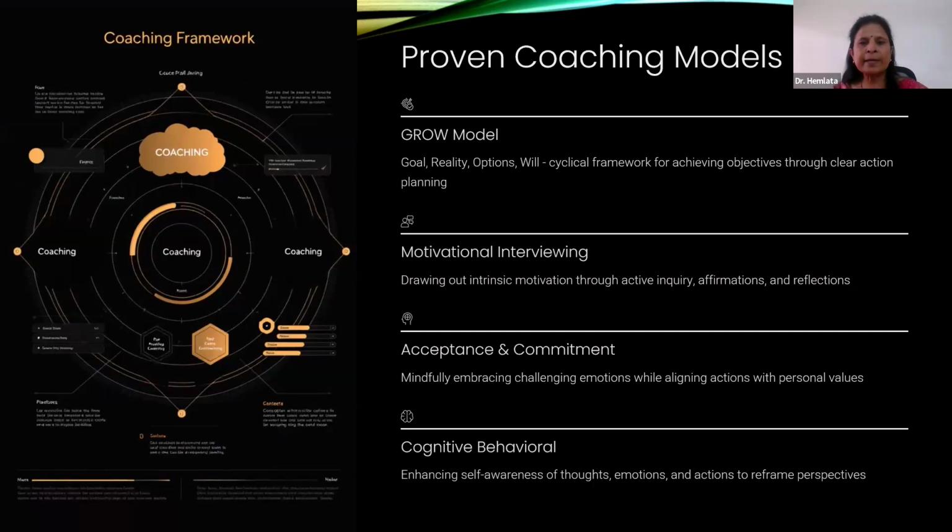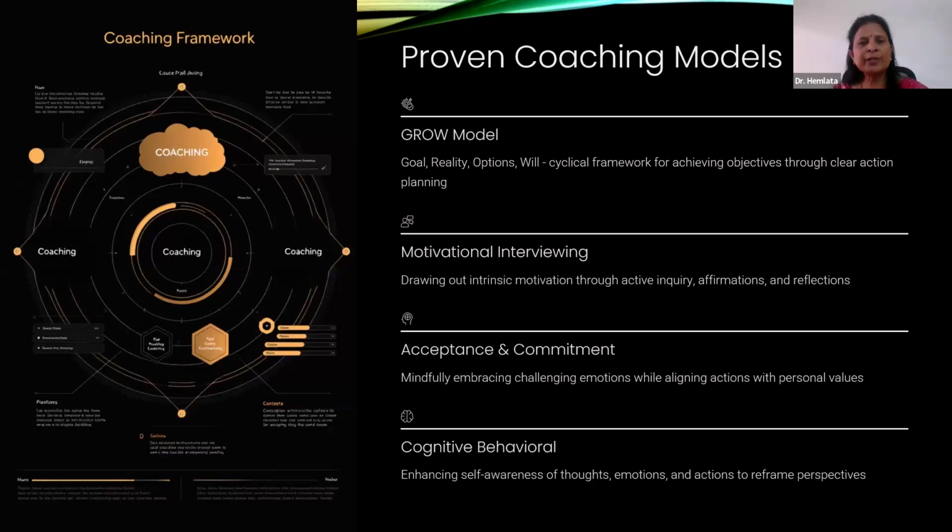Then what is the reality right now? What are the options available? Each option is evaluated, and then the will is very, very important, whether the person is ready to adopt that and make change in himself or herself. So this is a cyclical framework for achieving objectives through clear action planning.